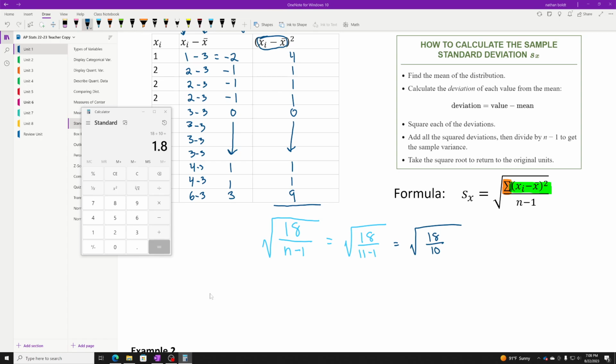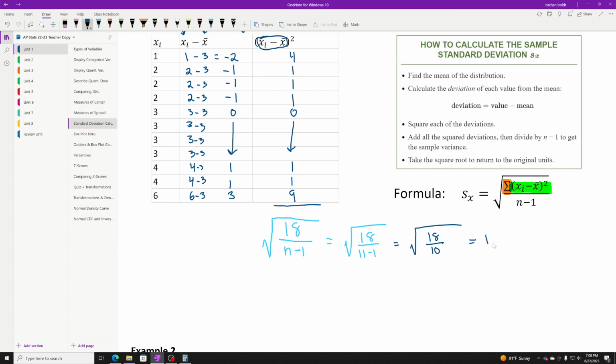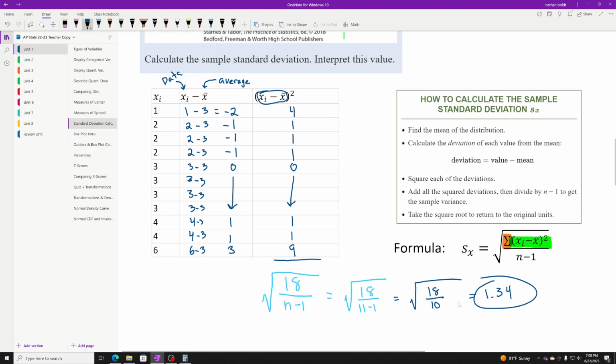And then we have to square root that. The square root of 1.8 is 1.34. So the standard deviation for this data set is 1.34.